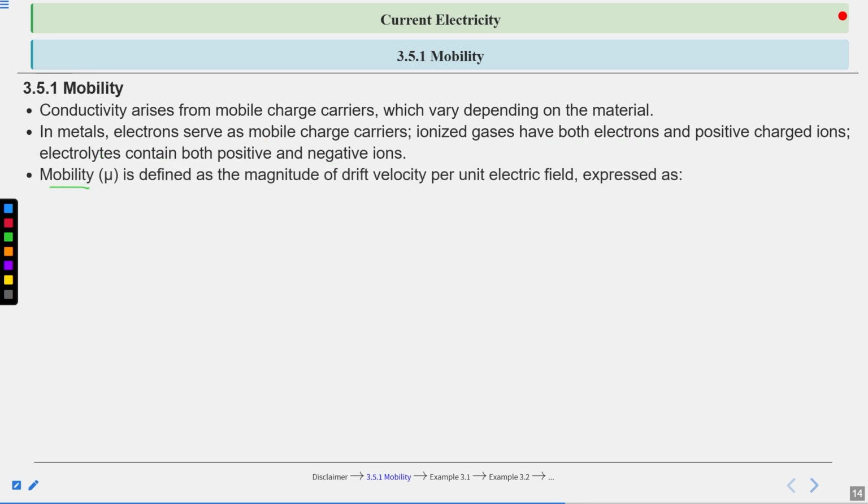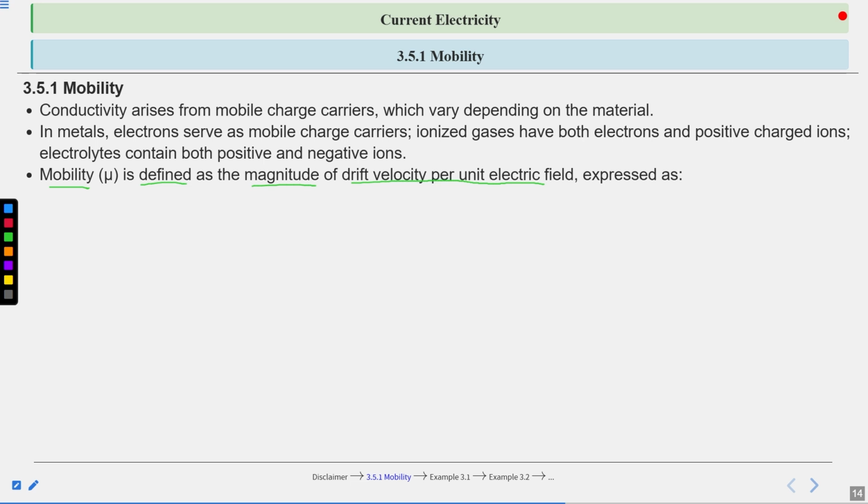What is mobility now? It is defined as the magnitude of drift velocity per unit electric field. Mobility is represented by the mu sign. It tells how much drift velocity an electron has if we apply unit electric field across the ends of the conductor.